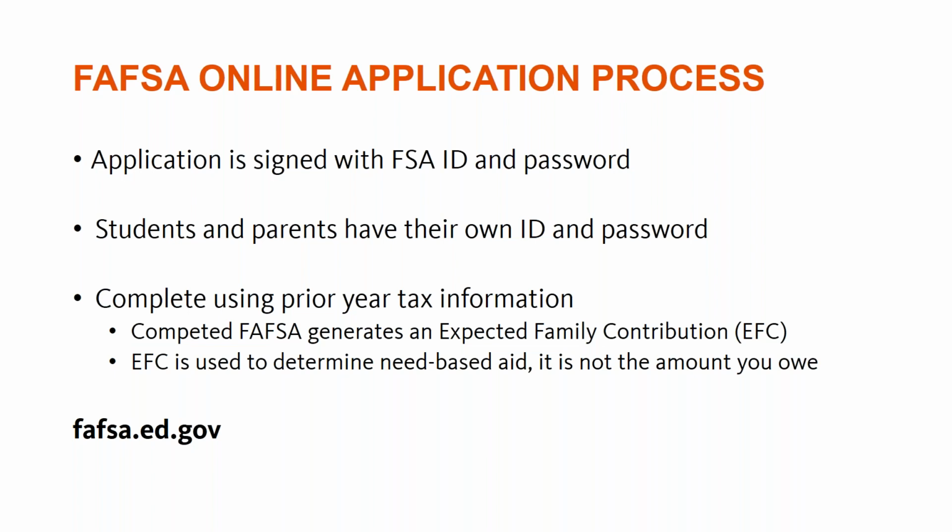You can go ahead and get that 18-19 completed while you're out there, and that will be something that we'll pick up for the next academic year moving forward along in our terms. When you complete your FAFSA, it generates what's called the EFC, which is the expected family contribution, and that number is used to determine eligibility for need-based aid.